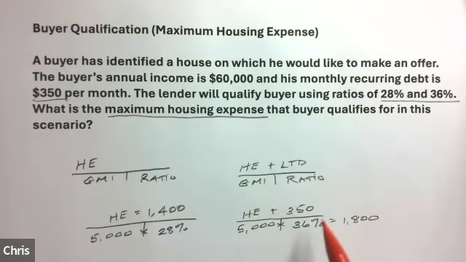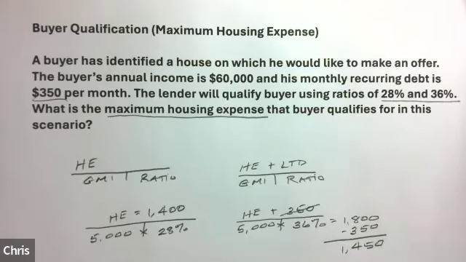But remember, on the back end, on the maximum housing expense problem, you have to get rid of the variable of the 350. So we subtract it from both sides. And you will see that down here, he can afford a payment of up to $1,450.